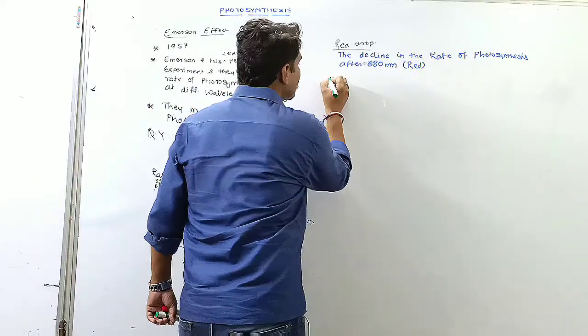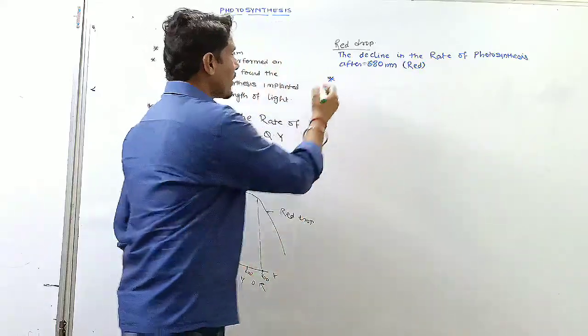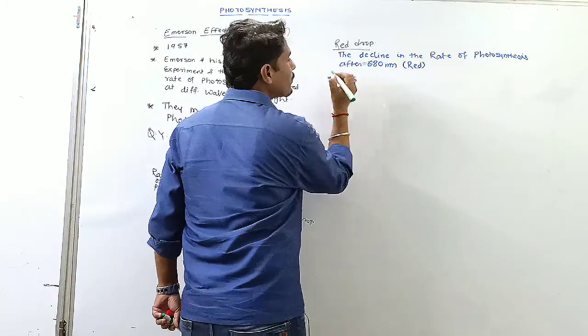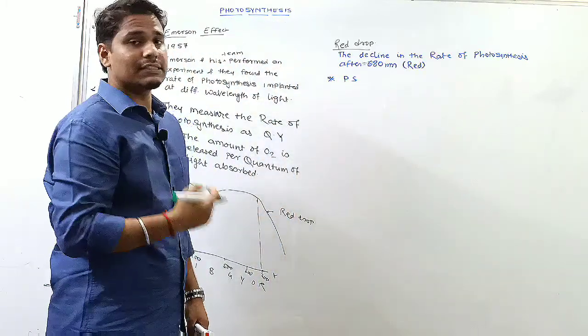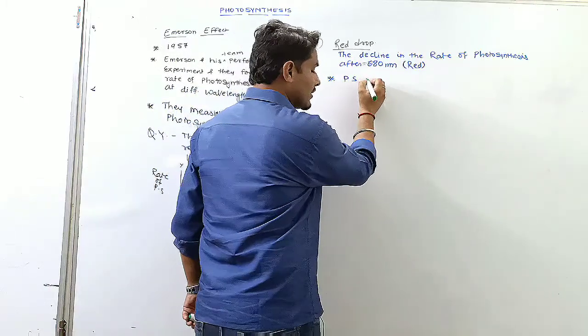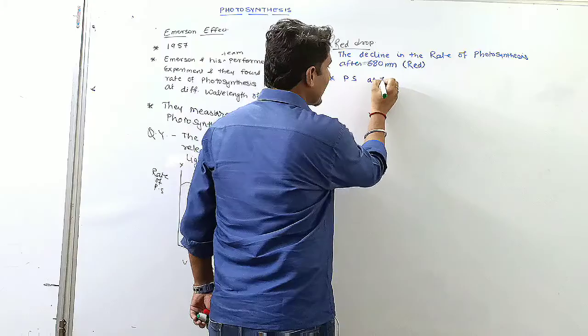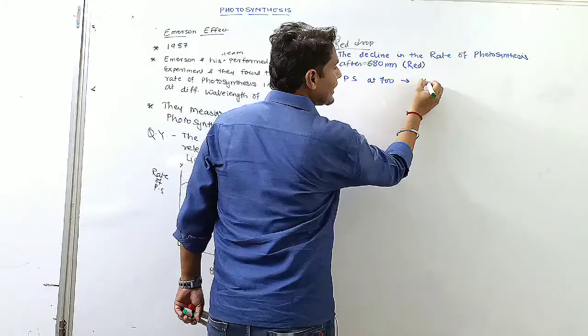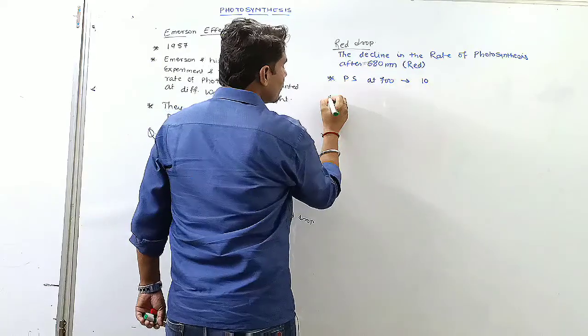Emerson exposed plants to shorter wavelength as well as longer wavelength. For photosynthesis at 700 nanometer, the quantum yield was 10.